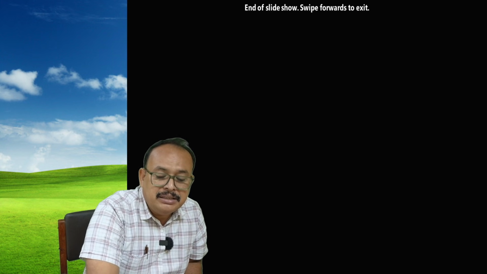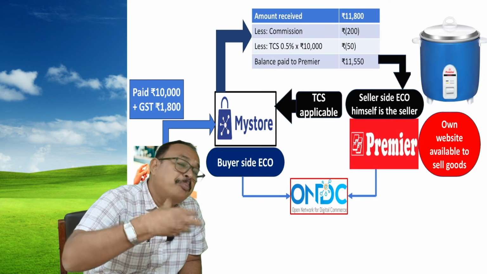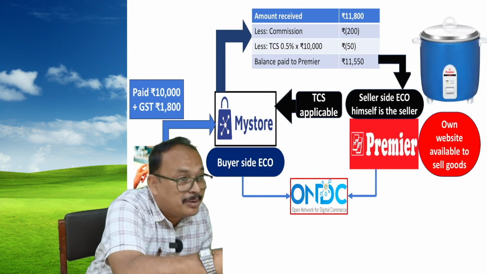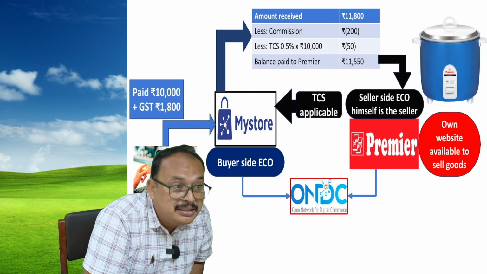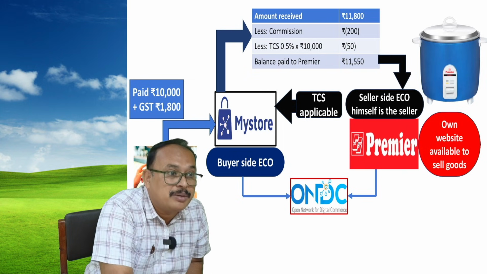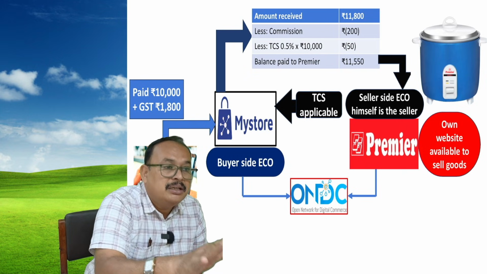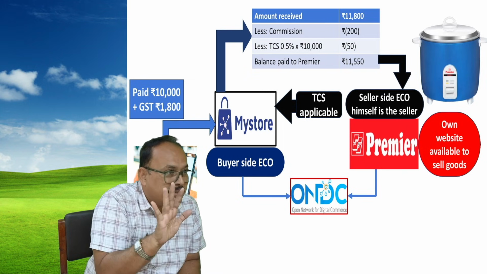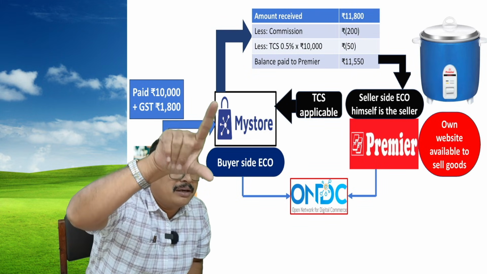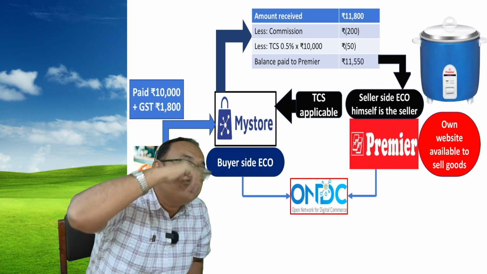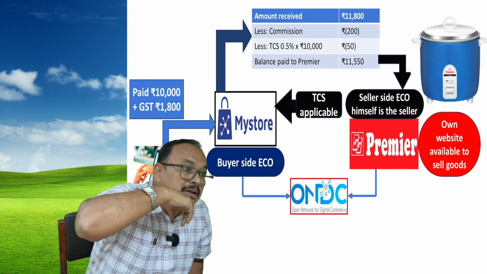On the other hand, if the supplier side e-commerce operator himself is not the supplier, the seller side e-commerce operator is liable for TCS deduction. Understand: Amazon has an Amazon product, and is himself an e-commerce operator. He is selling through Flipkart. Flipkart is the buyer side e-commerce operator, and they are liable for TCS.